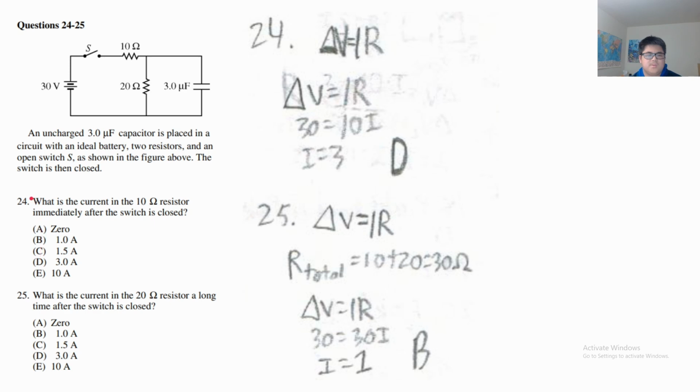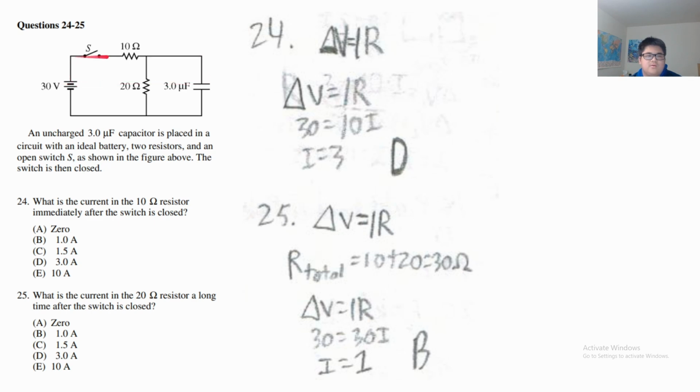So the answer to 24 is D, 3 amps. Now for question 25, it asks what is the current in the resistor a long time after the switch is closed. So a long time after the switch is closed, the capacitor would be fully charged, and a fully charged capacitor behaves like an open switch. So therefore current would no longer go through here.